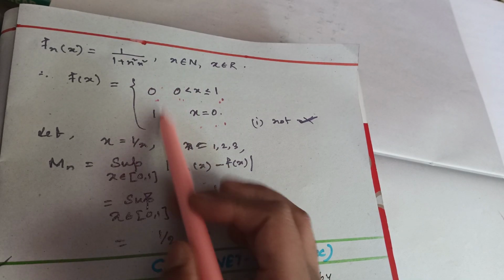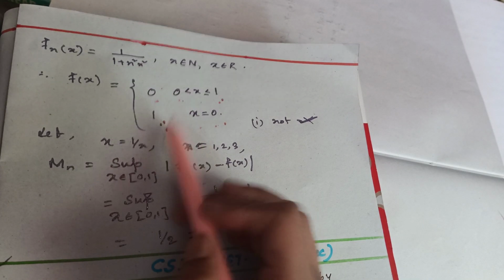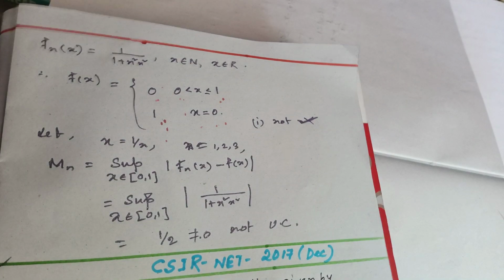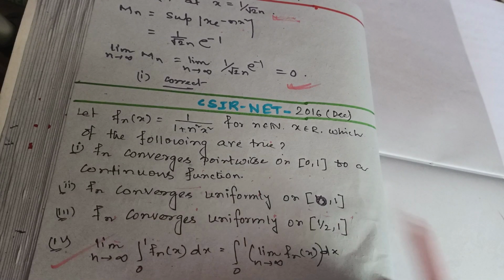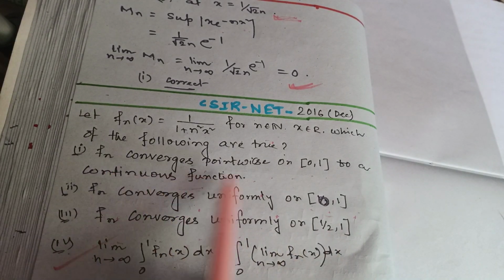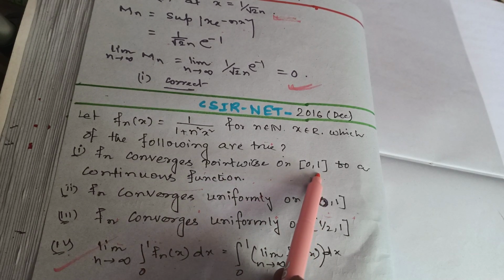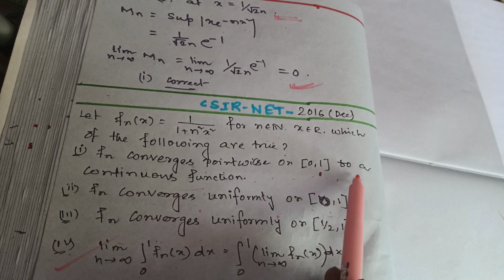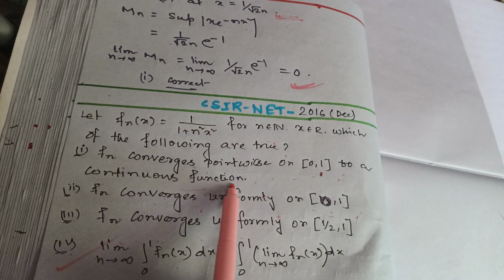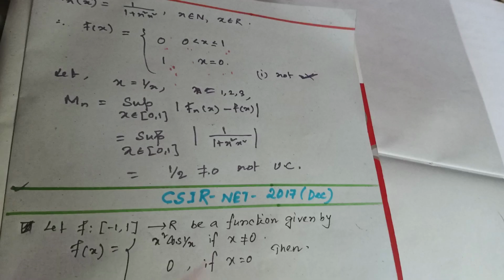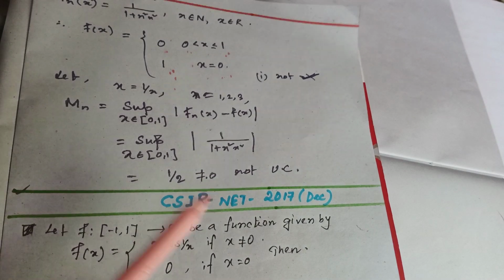Okay, so the limits are different, so pointwise but not uniformly convergent. So here fn converges pointwise on the closed interval 0, 1, but not to a continuous function, because the value is different at x equals 0, so it is not a continuous function.